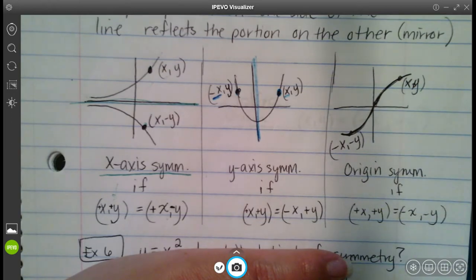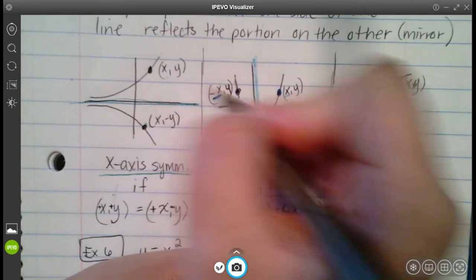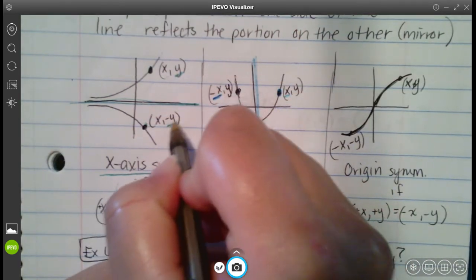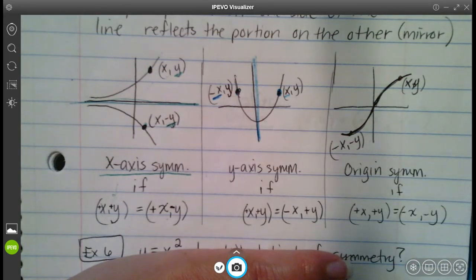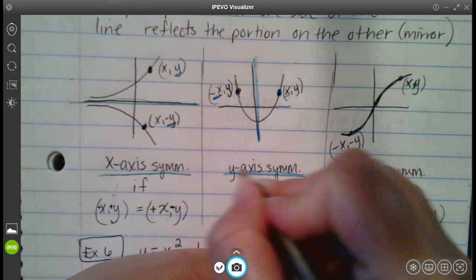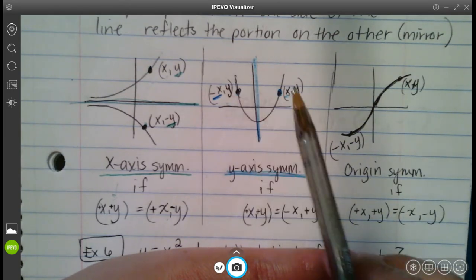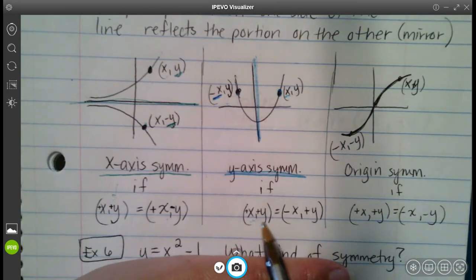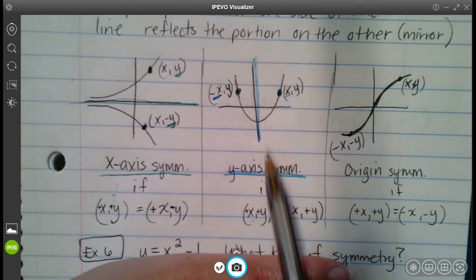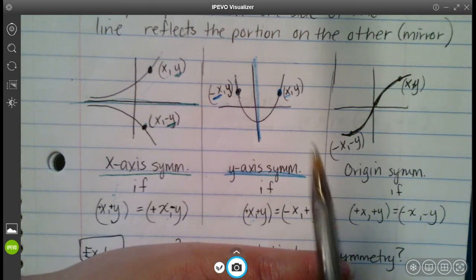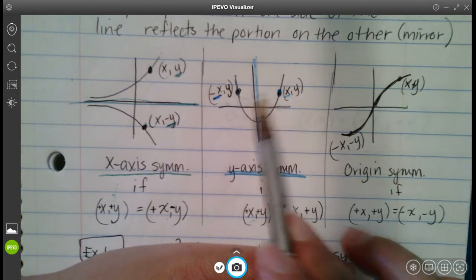So unlike the x-axis symmetry, where our y's were the ones that were different. Just how I have it up here, I went ahead and wrote it down here as well, and I also included the notation. So if both my x and y are positive, on the other side of the y-axis your x will be negative and your y will still be positive. So that's just the flip that you see here, okay?